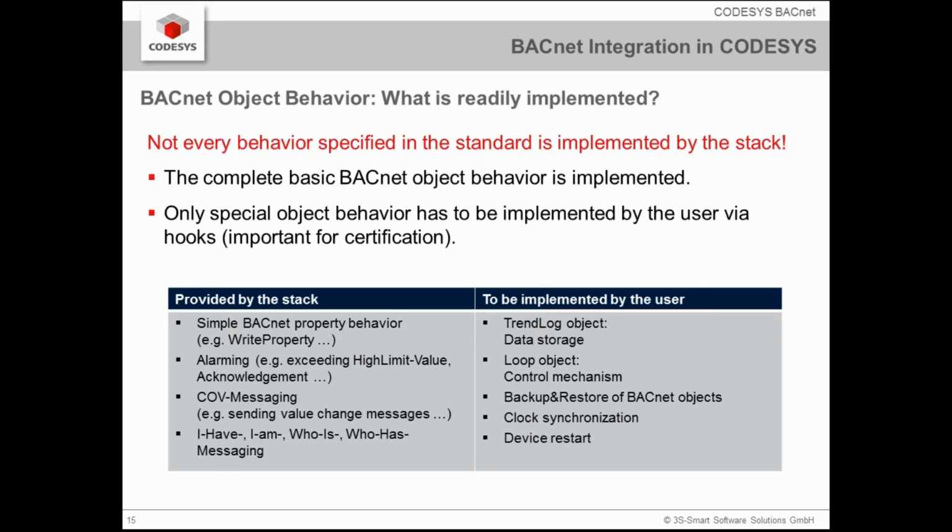We prepared some examples for this different object behavior. So you see here in the table below what is provided by the stack. For example, simple BACnet property behavior like write or read a property, alarming, which I showed you before, COV messages, so like sending value change messages, or simple network identification messaging like I-Am and Who-Is for client and server communication.